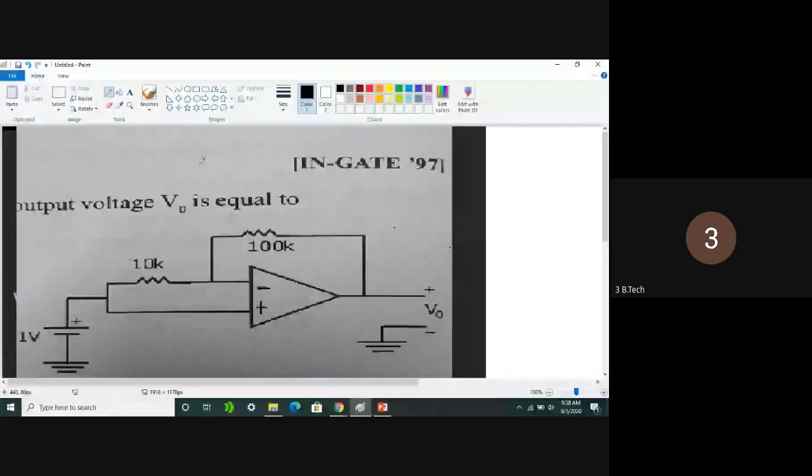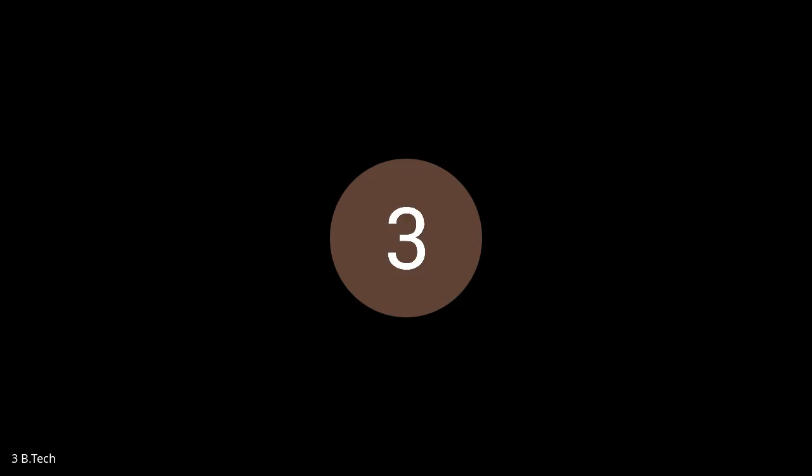So, can anyone tell me what is the superposition law? Superposition law.